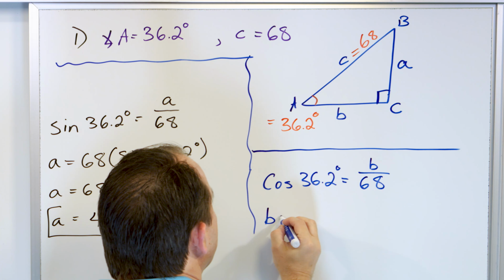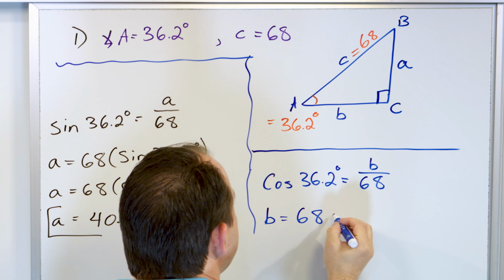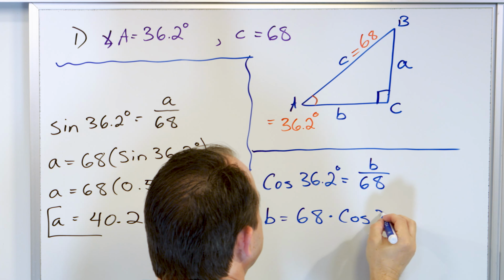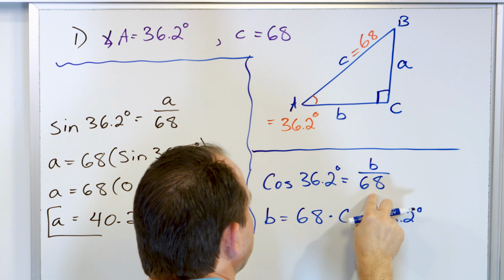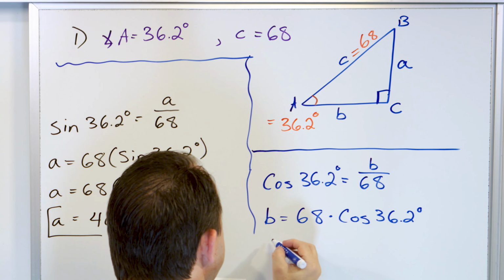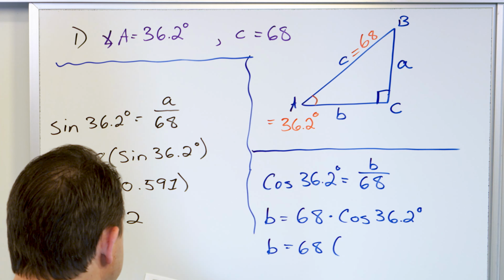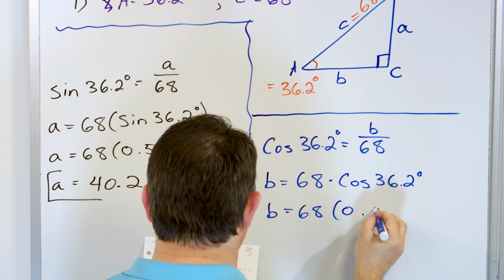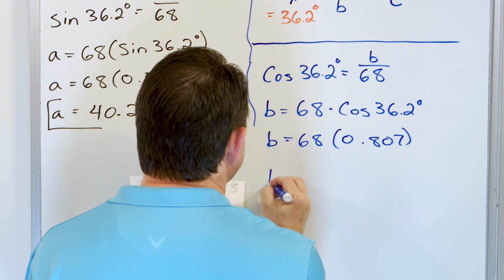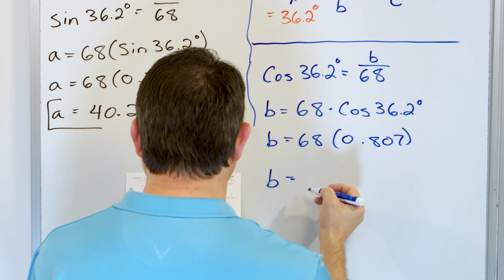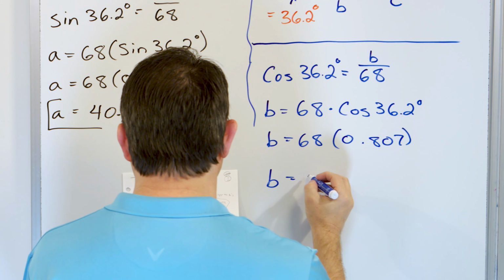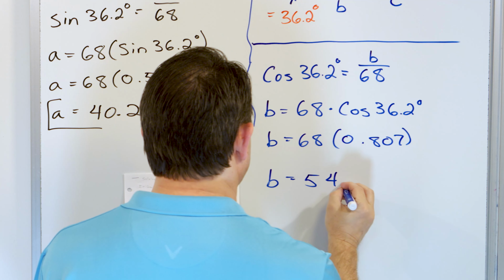So B would be equal to 68 times the cosine of 36.2 degrees. Just multiply both sides by 68. And then what you get here is 68 times cosine 36.2, which is 0.807, of course rounding. And when you take 68 times 0.807, you would get 54.9.